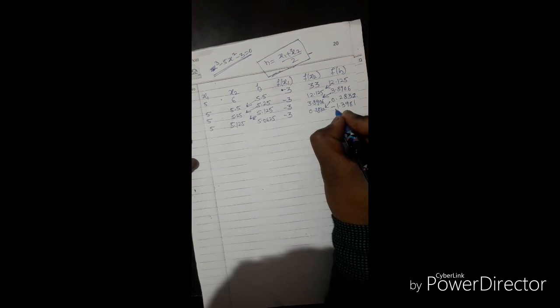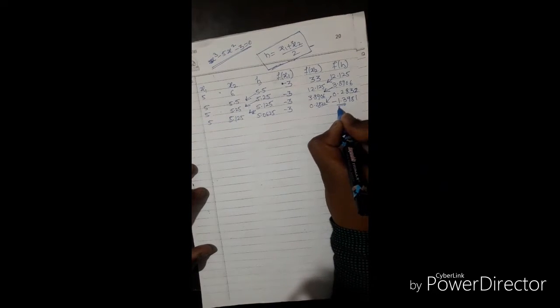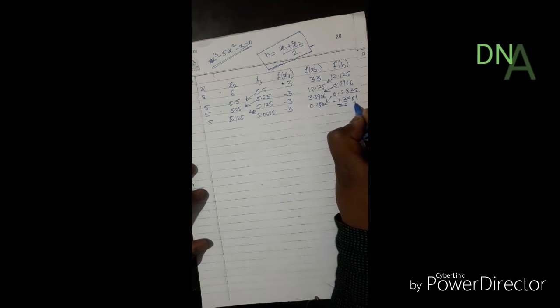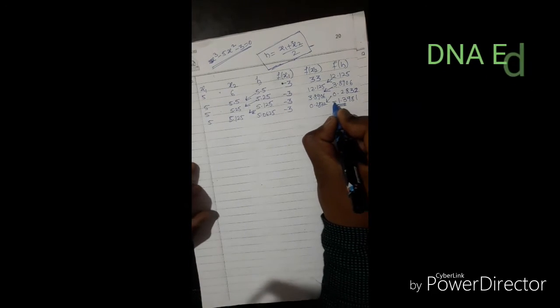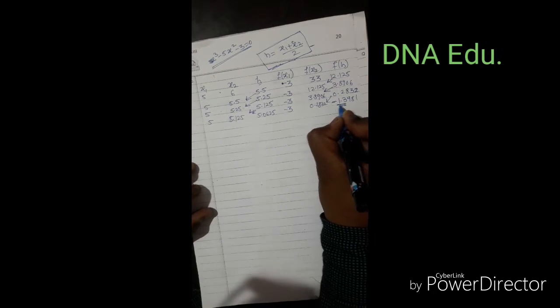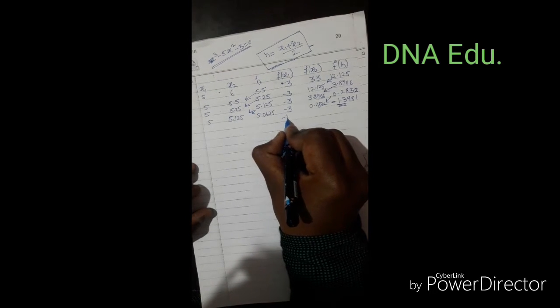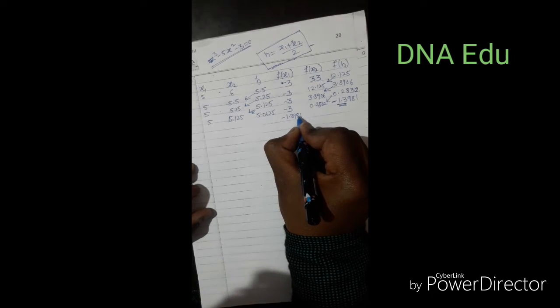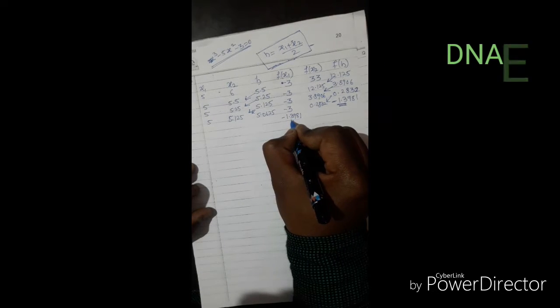Okay, now here the sign changes, so this value is negative, minus 1.3981. We will take it here.